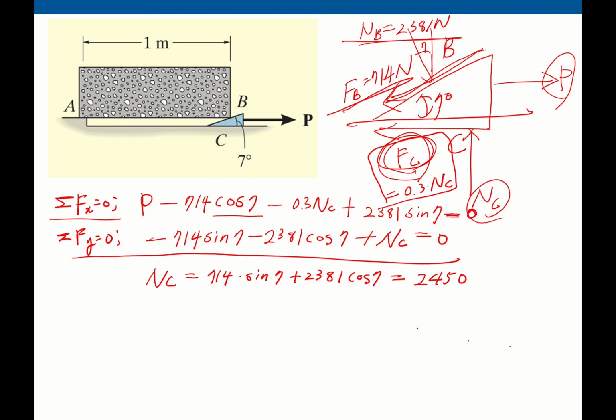I just rounded to the nearest integer. Okay, so we can directly find the frictional force at point C, which is 0.3 times normal force C. That is 735 Newton.